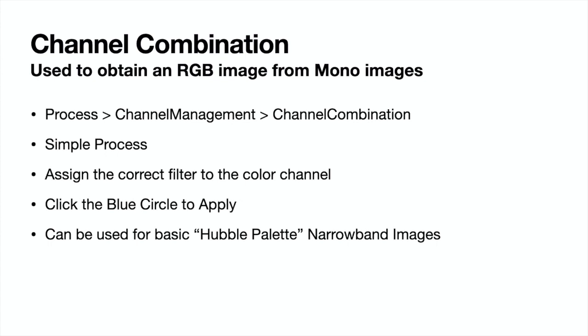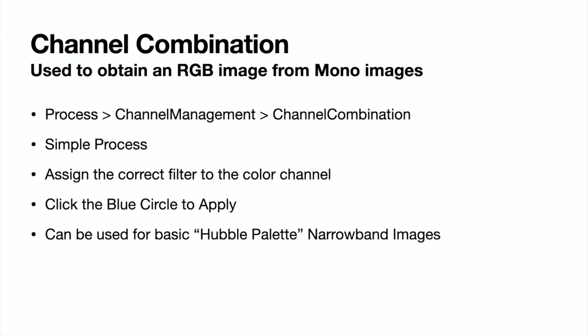Now, channel combination is used to obtain an RGB image from mono images. So you would have a red, green and blue integrated image for each of the red, green and blue channels. The process can be found under Process, Channel Management, Channel Combination. It's a fairly simple process to use.